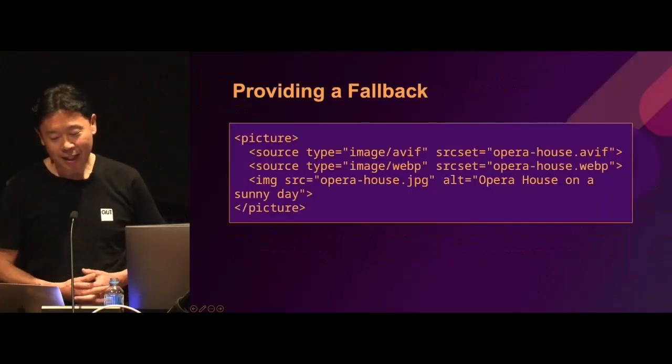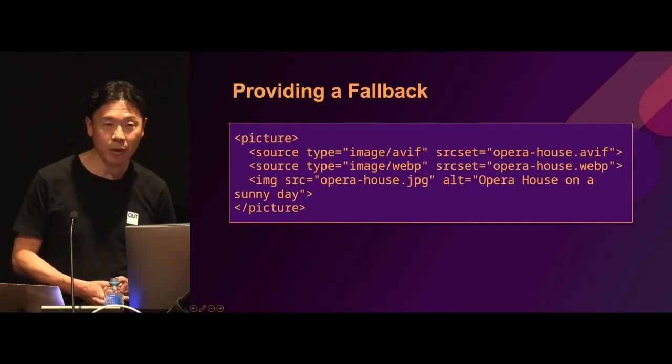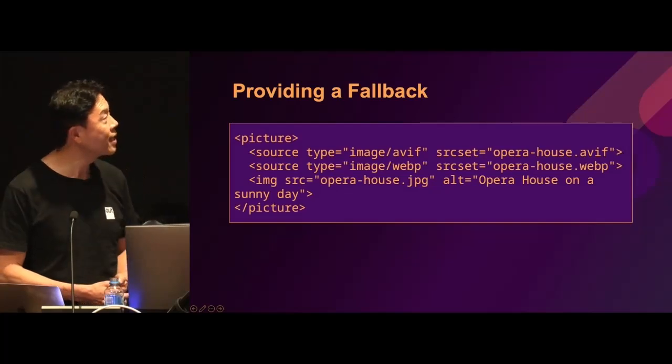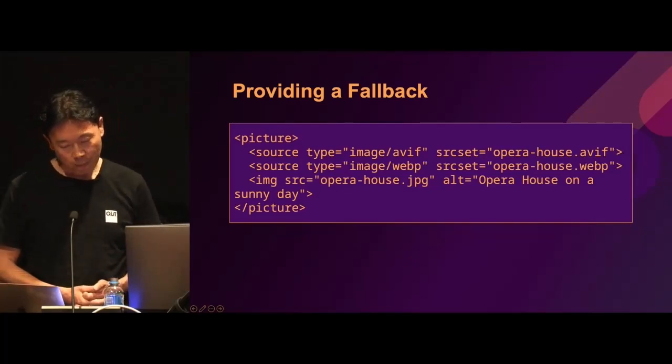While most browsers now support WebP and AVIF, there are still a few out there that don't. To make sure those users still see your images, you can provide a fallback option using the picture tag with the source tag, like in the example on the slide. Here's how it works.